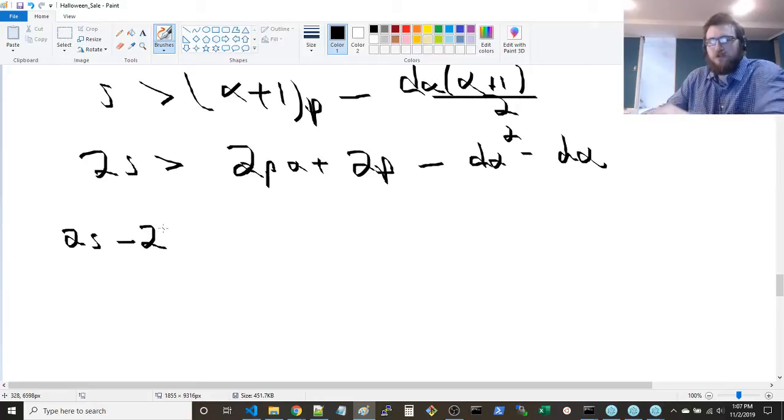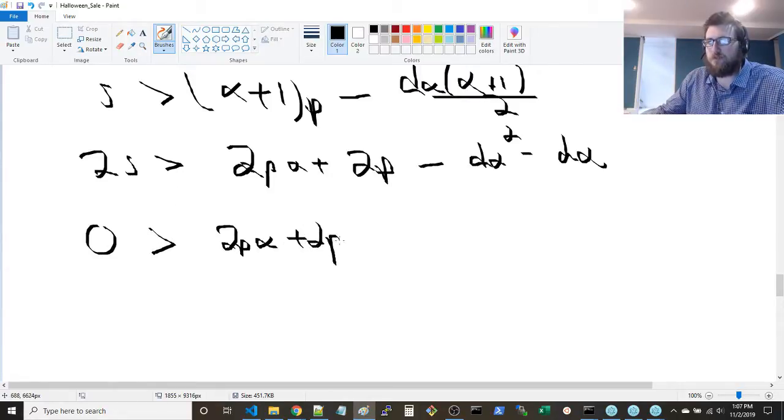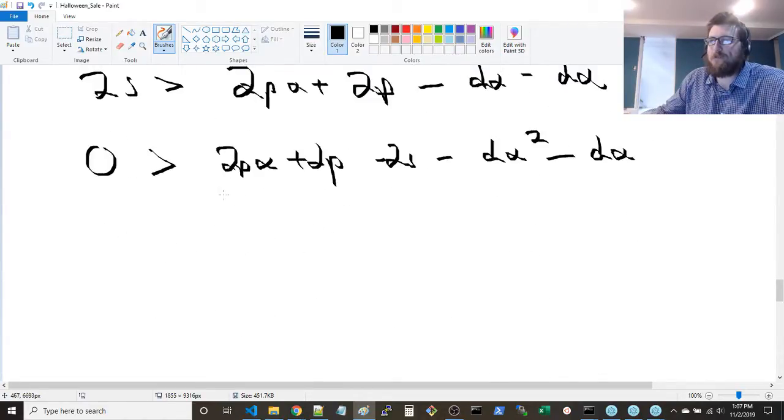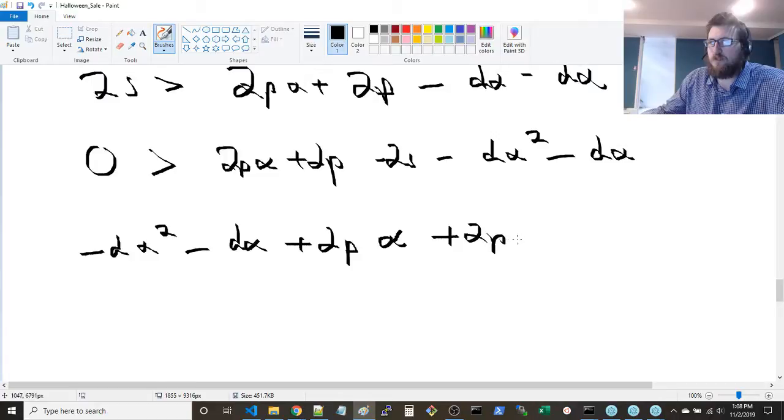Actually, you want to do it the other way around, so we can do 0 greater than 2p alpha plus 2p minus 2s minus d alpha squared minus d alpha. Which then we can say minus d alpha squared minus d alpha plus 2p alpha plus 2p minus 2s is less than 0.